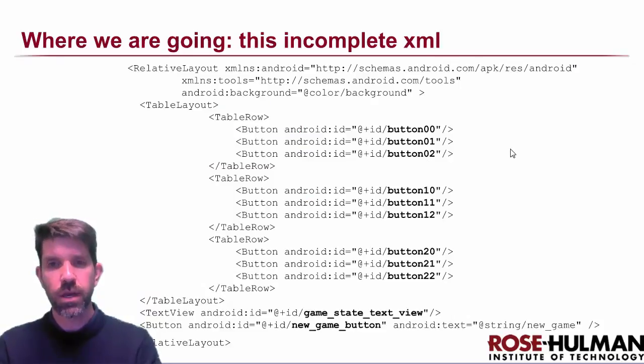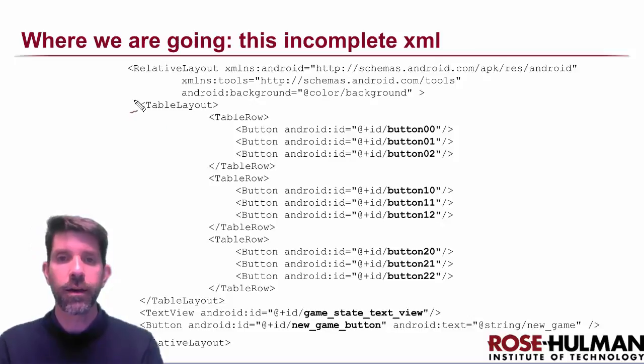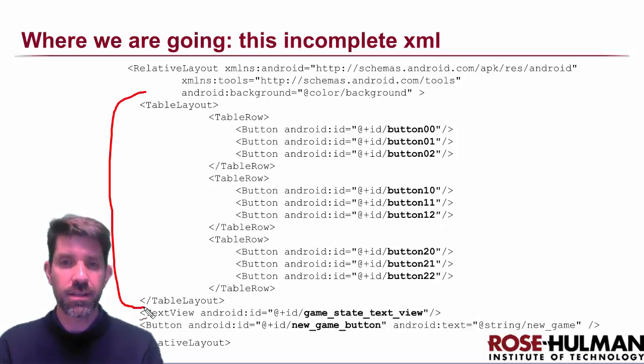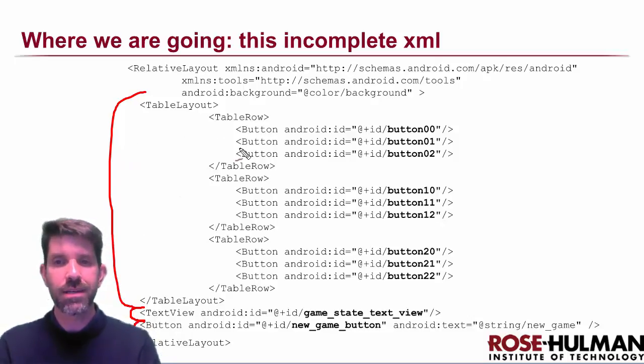Just to give you a heads up on where we're going with things, the XML is going to have a relative layout with basically three things in it. The buttons are just going to be a table layout, and then we're going to have a text view above it, and a button below it. Really just those three things, and we'll drill down into each one.